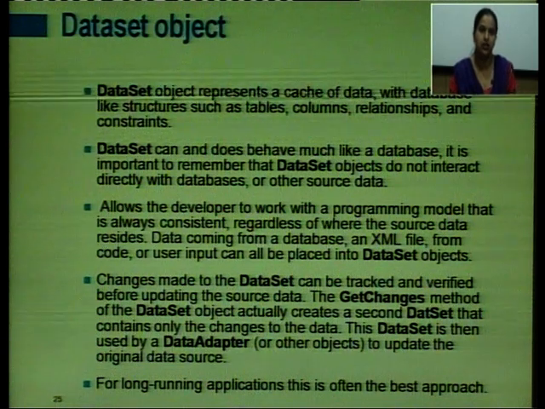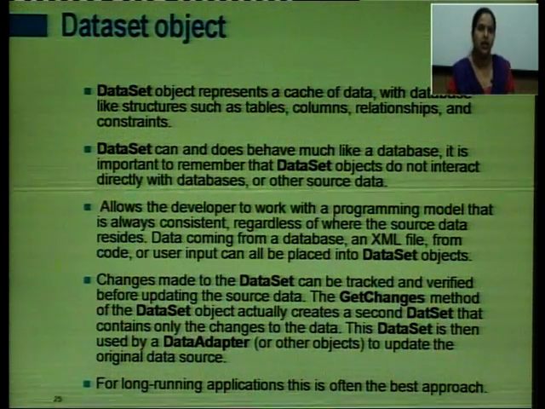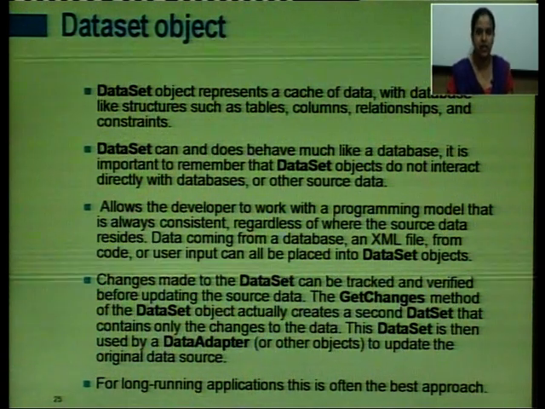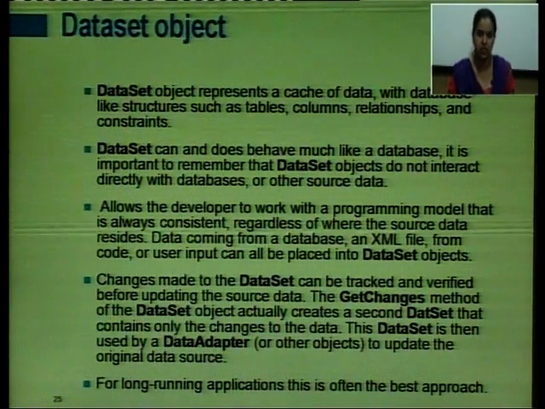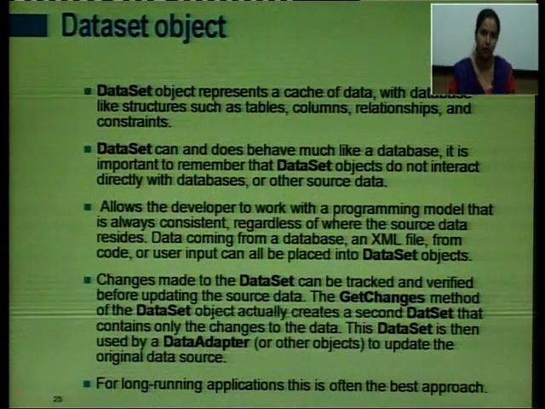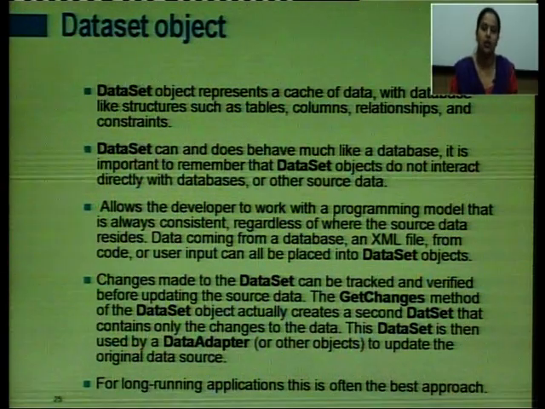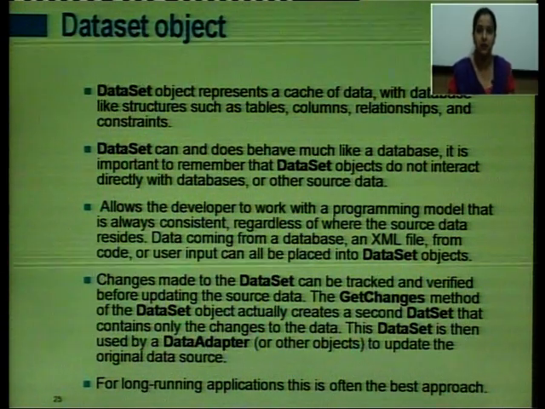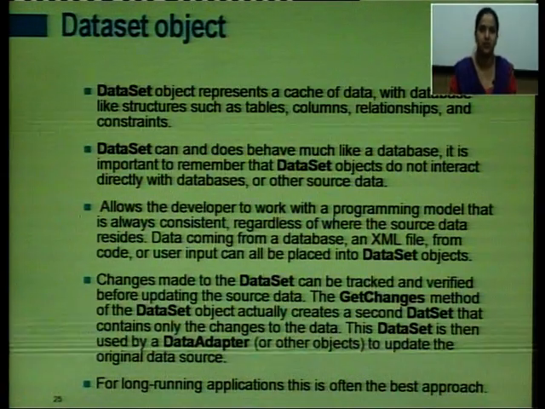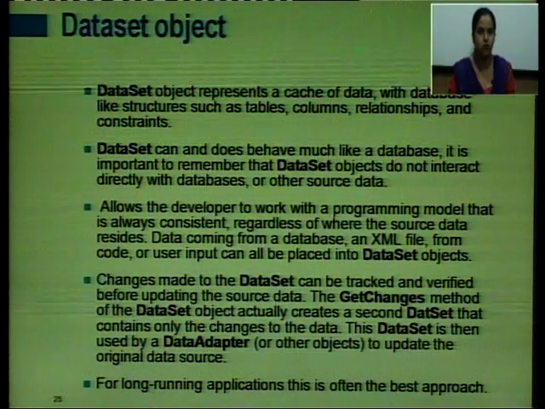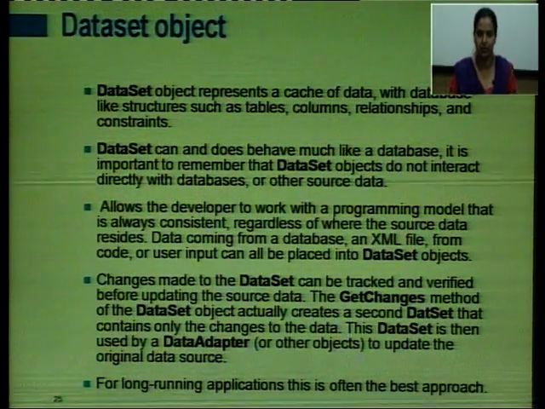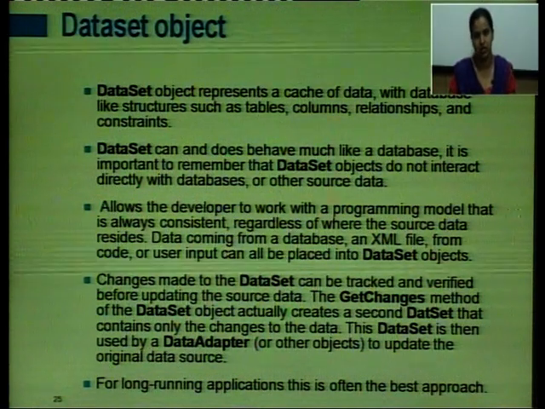Then comes the DataSet object. A DataSet object represents a cache of data with a database-like structure, such as tables, columns, relationships and constraints. The DataSet can and does behave much like a database. It is important to remember that DataSet objects do not interact directly with databases or other source data.